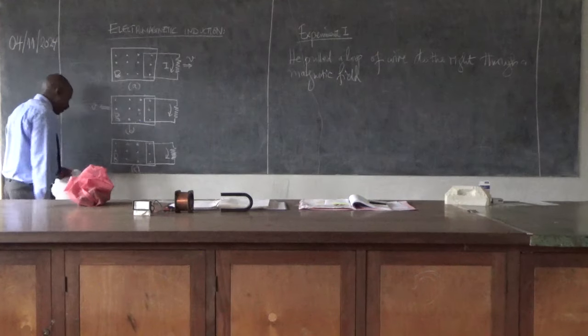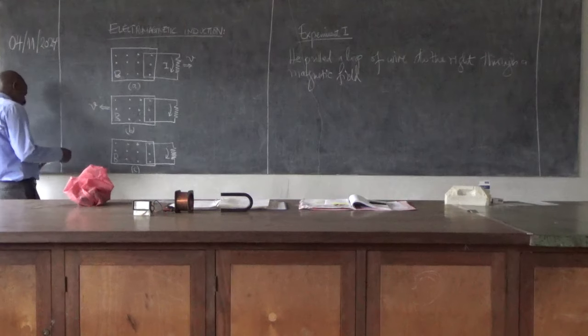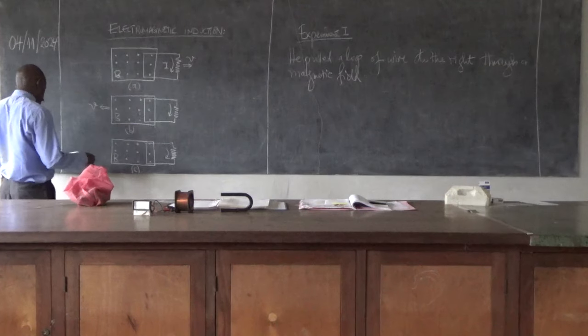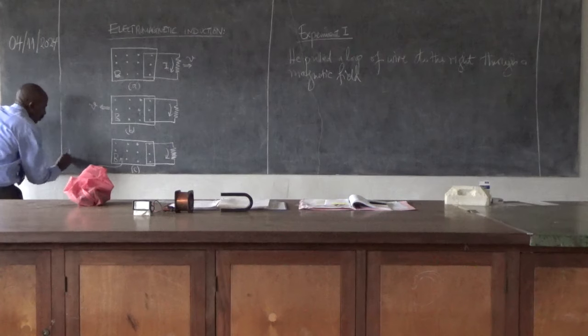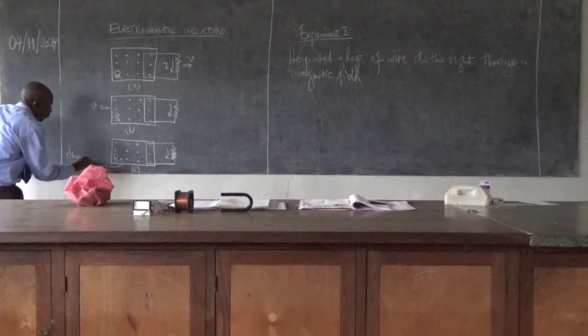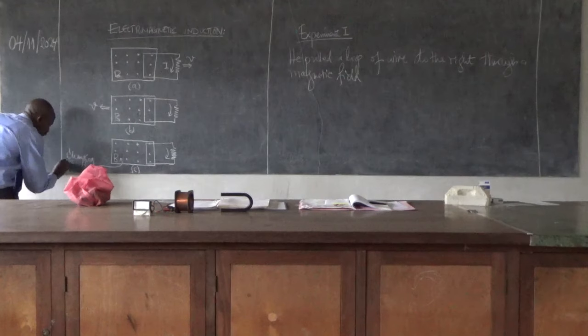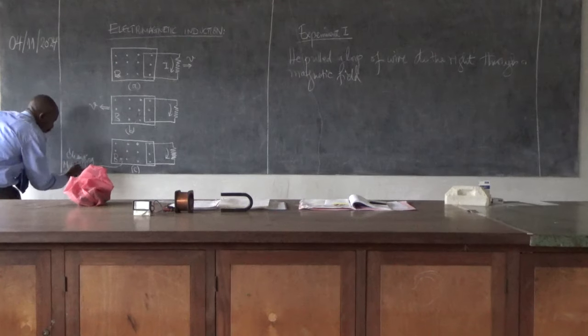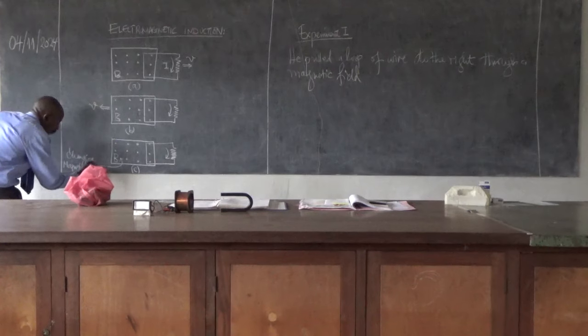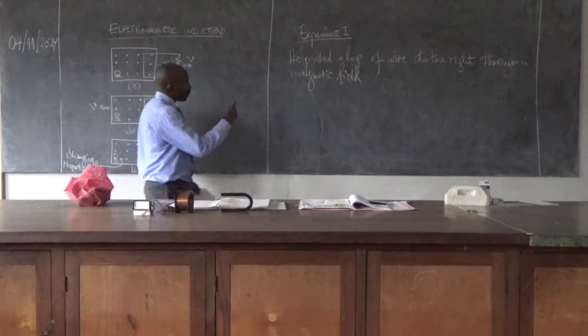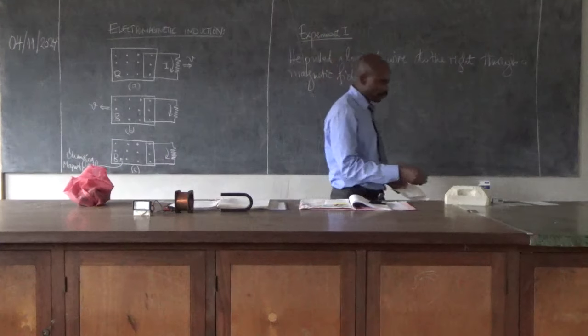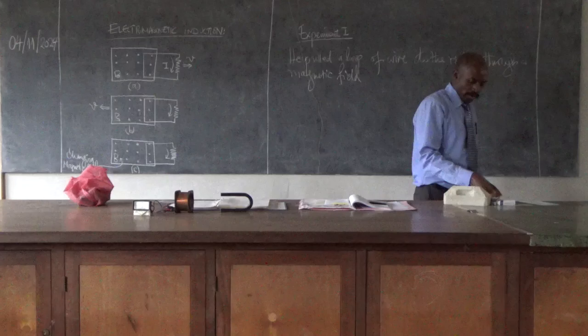So this is C, and here we have a changing magnetic field. So these are our 3 parts, the 3 experiments, which I'm trying to explain on this other side.